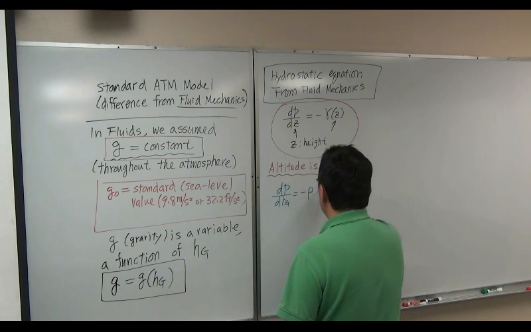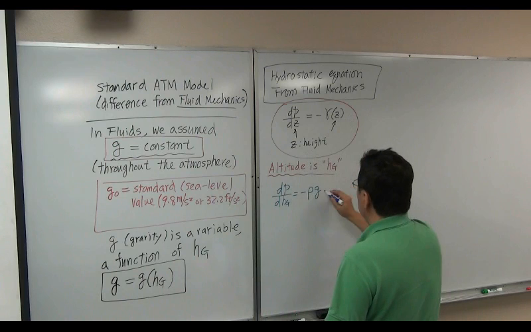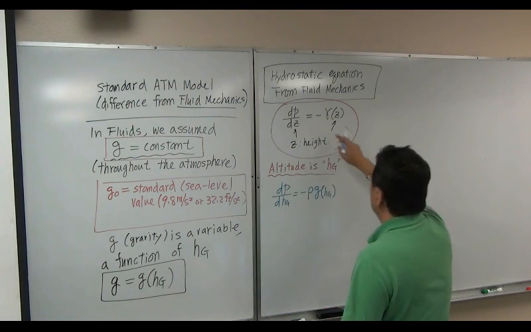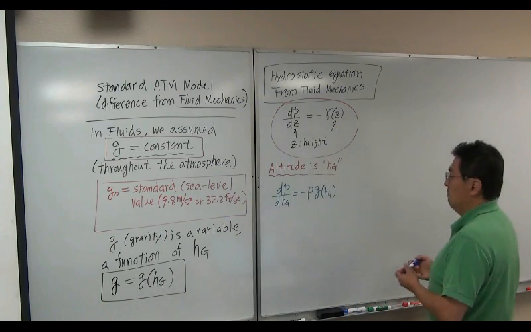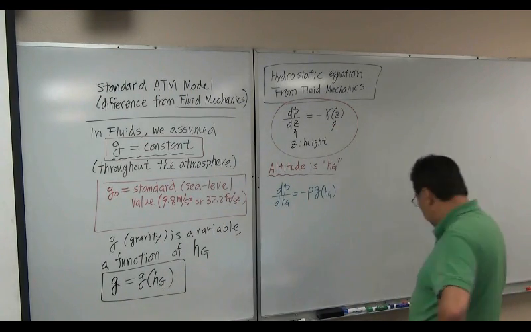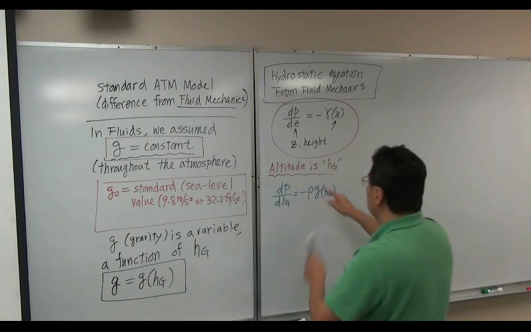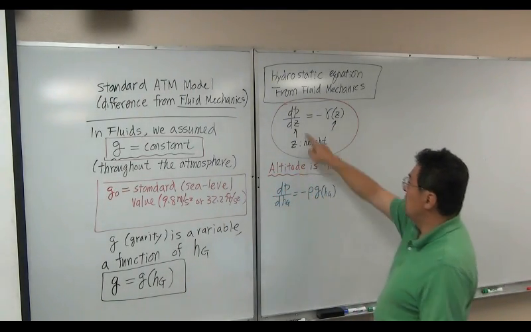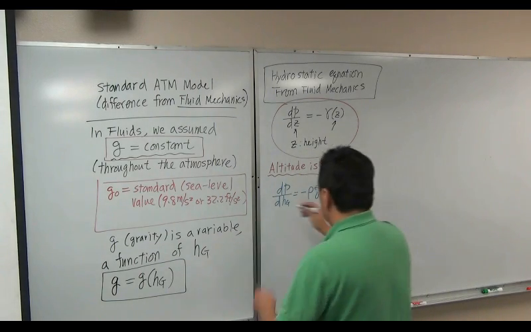So minus rho times g. g is a function of hg. That's the problem. So this is the same exact equation written in terms of aerodynamics notation of altitude hg instead of z, height. It's the exact same thing.